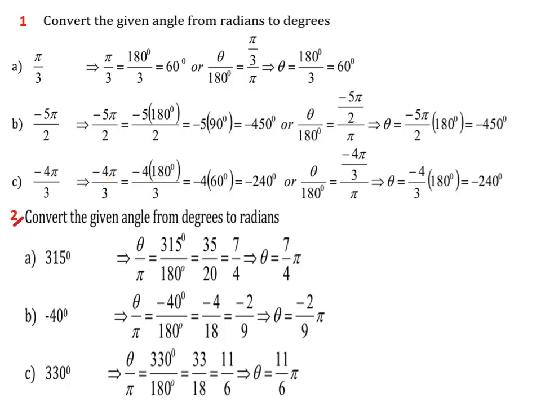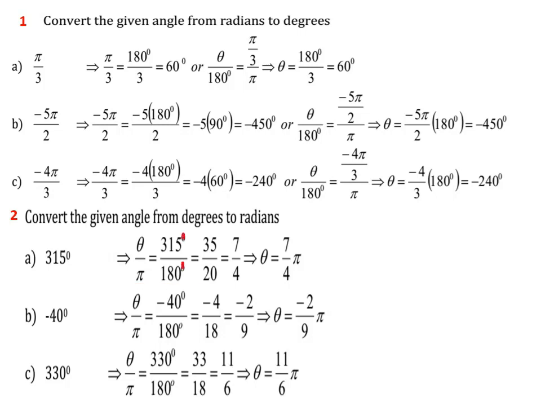Number 2. Convert the given angle from degrees to radians. The degree is given here as 315 degrees. To convert this to radians, we simply multiply by pi over 180 degrees. In other words, using theta over pi equals 315 degrees over 180 degrees, we have to find theta.